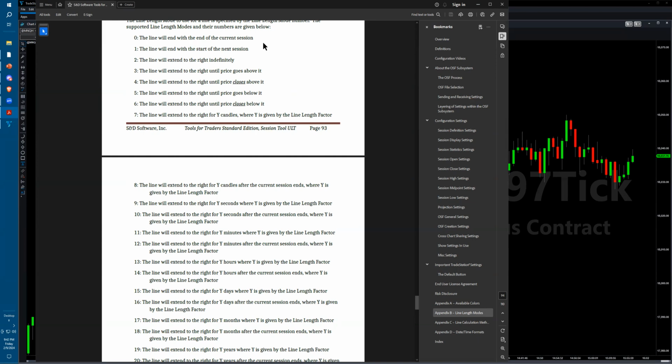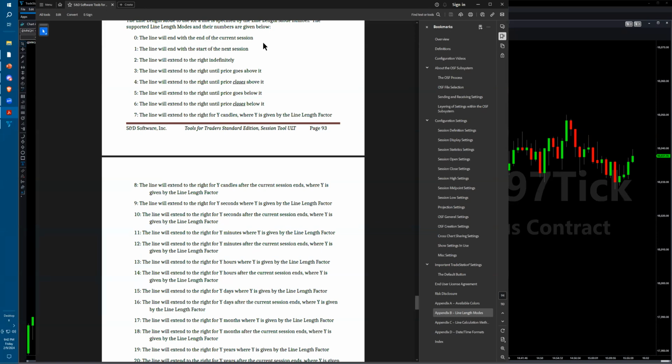So if you're only interested in, let's say, price when it crosses the high line, but only if it happens during the session you've defined, then you may want the high line to end with the session since you're not interested in it after the session's over. And that way it doesn't clutter up your chart.